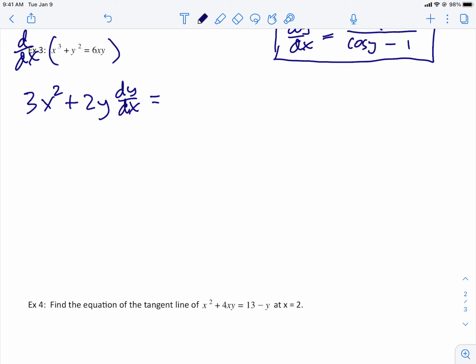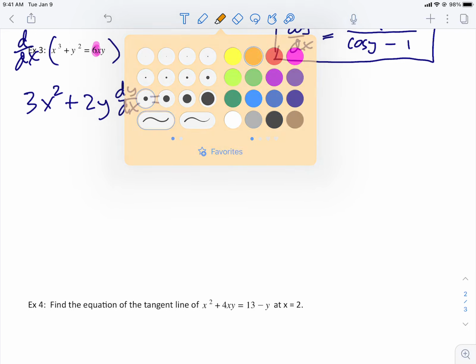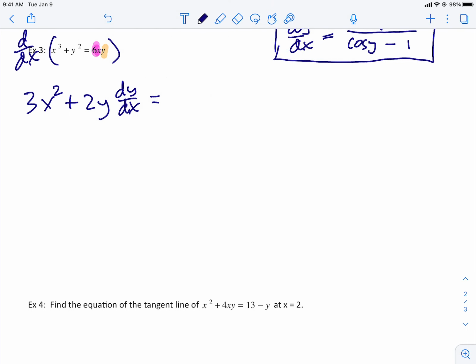On the right-hand side, we have a product. We have 6x and y. So the pink is going to be my first function, y is going to be my second function. We have to use the product rule over there. So I hope you did that. If you didn't, maybe you can pause the video again, go back and see if you can fix your mistake. All right, if we use the product rule, so here we go.